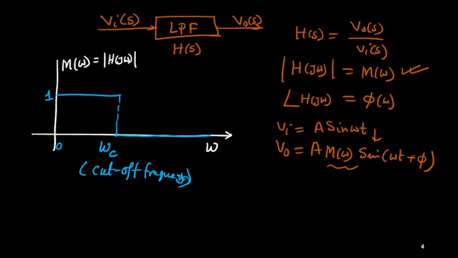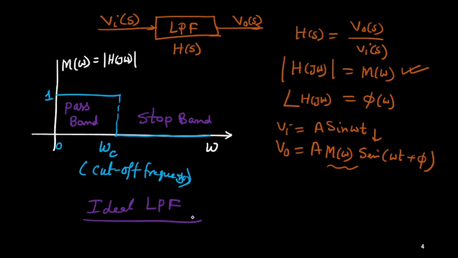That's why we call this side the stop band. Beyond omega c, those signals cannot pass through the system, but from 0 to omega c, I will call it the pass band. This is your ideal low pass filter.